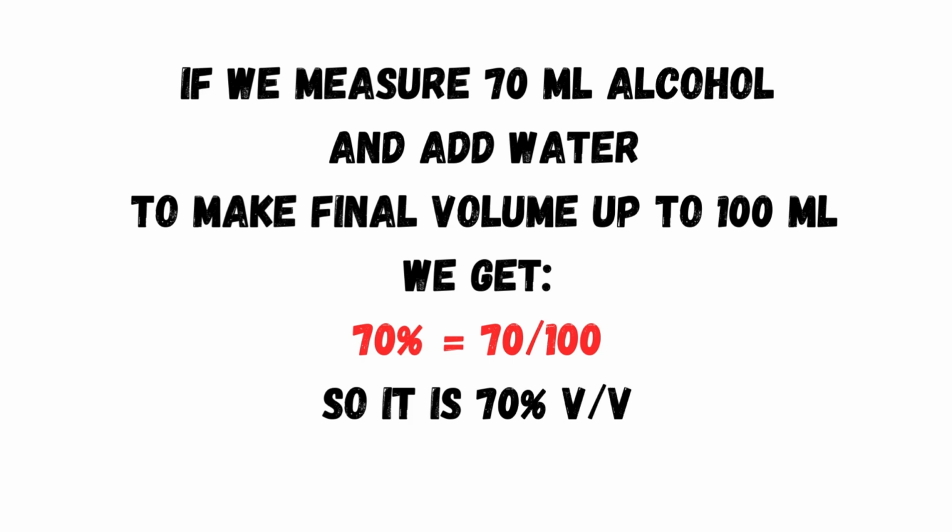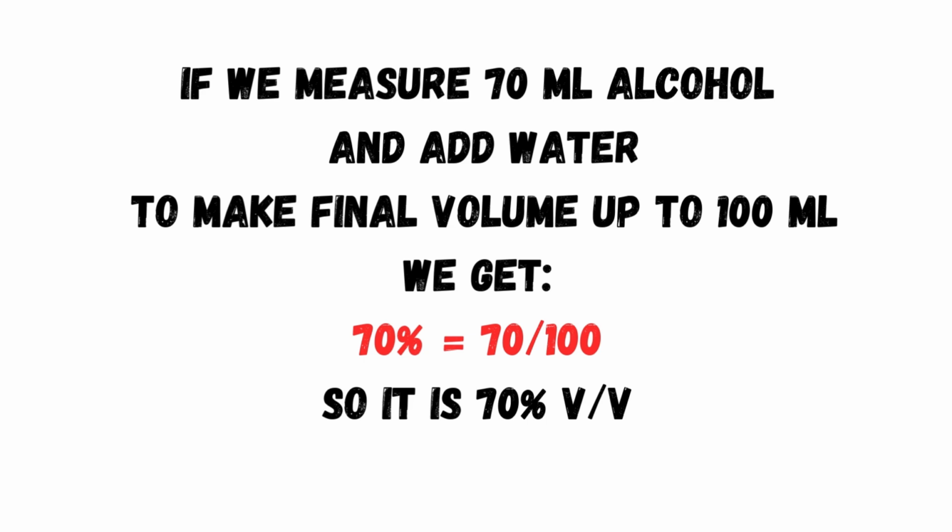You need to know percent means 100. Total volume should be 100. Then if volume is given, it means 70 ml. If weight is given, it means 70 gram in 100 ml of solution. So you need to identify these small changes and then proceed with calculations.